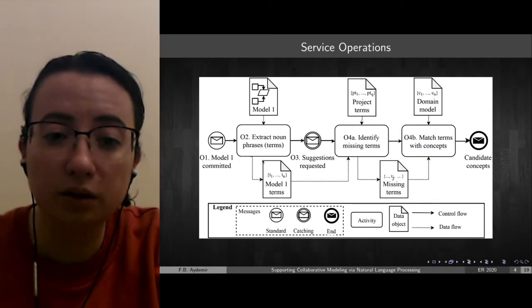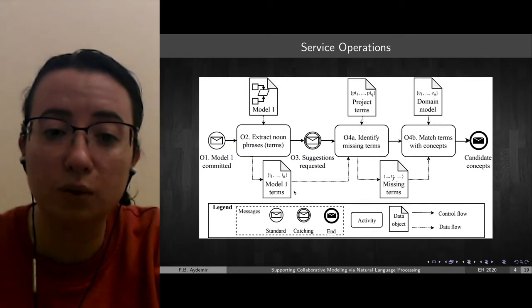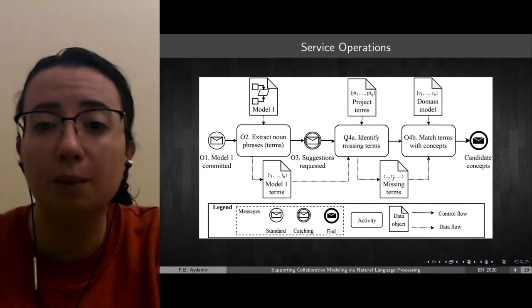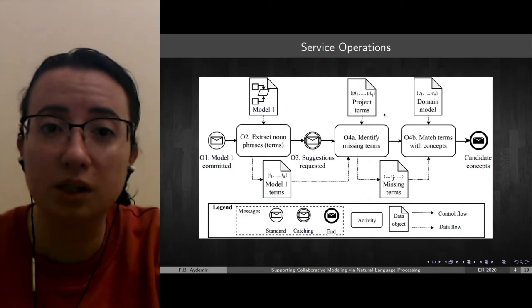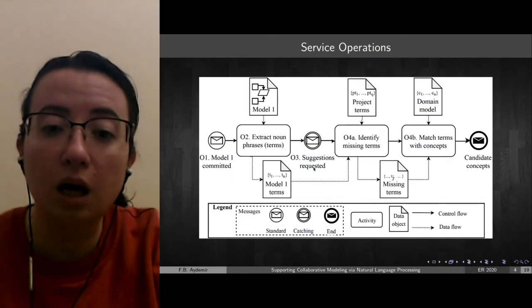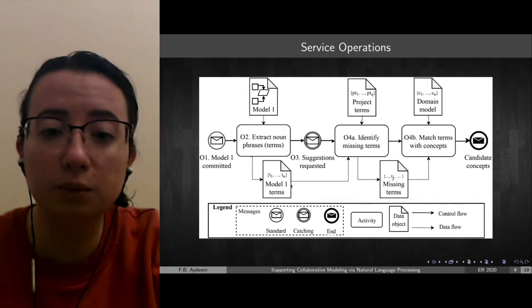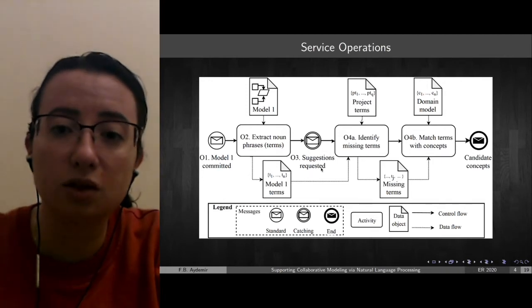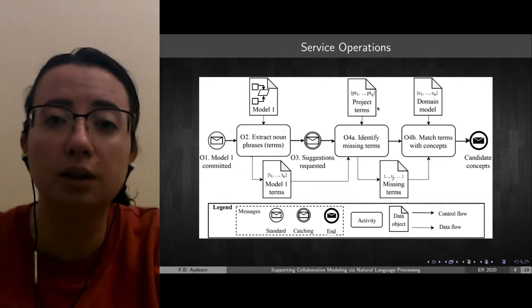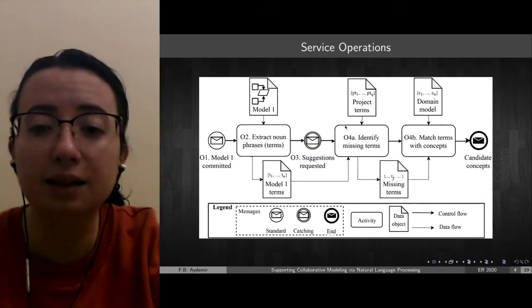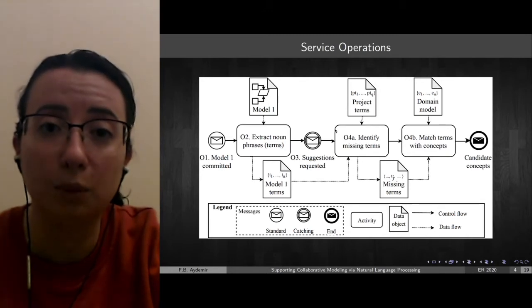So in general, the service knows which terms are included in which model, but also what are the overall terms included in the project. Next, when a suggestion is requested by the modeler, the service checks the final state of which terms are included in the project, and it identifies the missing terms from that model.